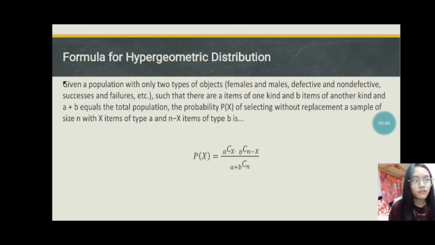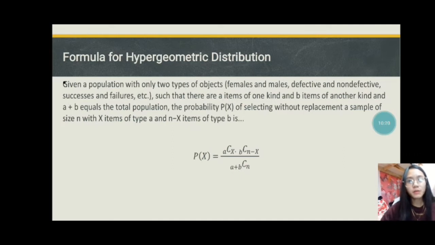The probability of selecting without replacement a sample of size n with X items of type A and n minus X items of type B is: probability of X is equal to A C sub X times B C sub n minus X over A plus B C sub n.